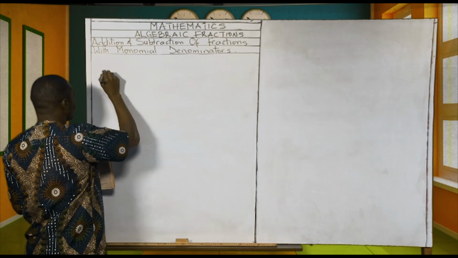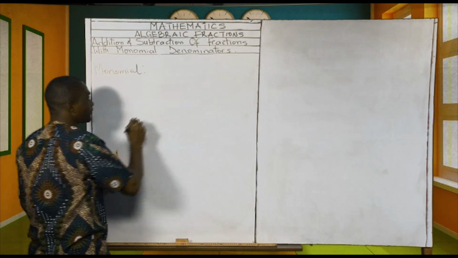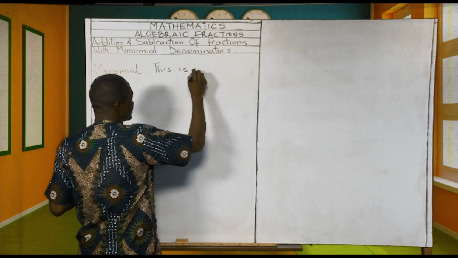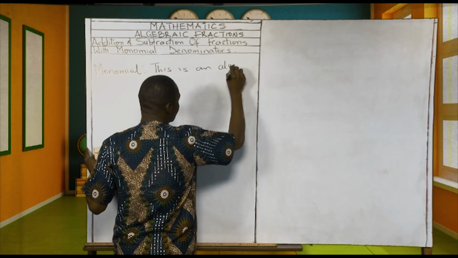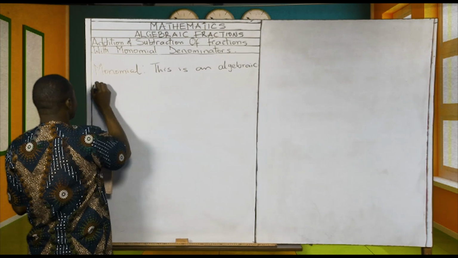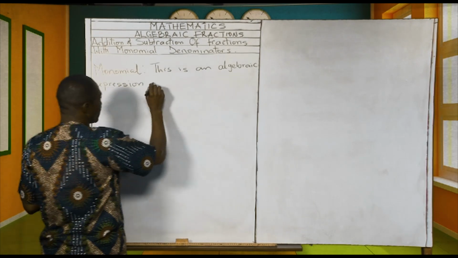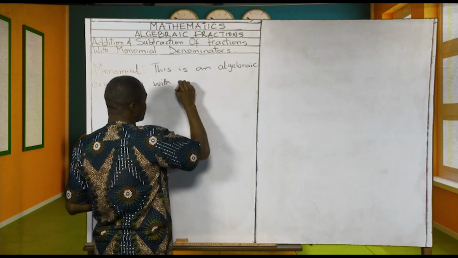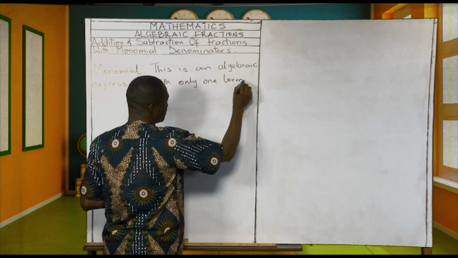A monomial is an algebraic expression with only one term.